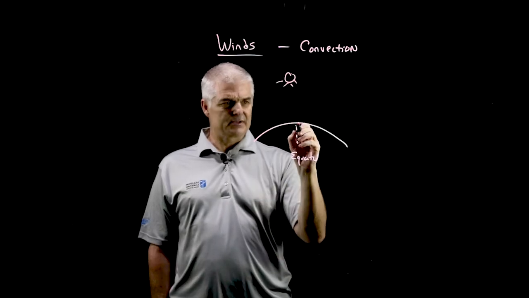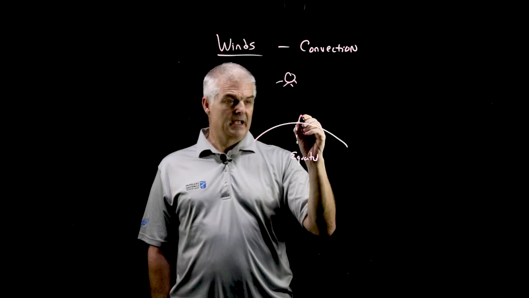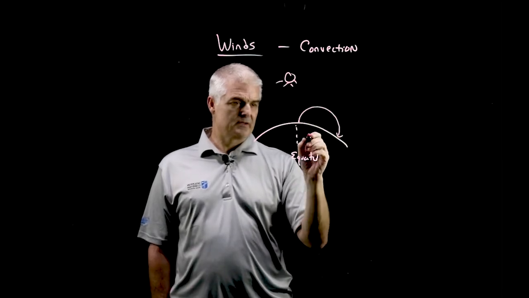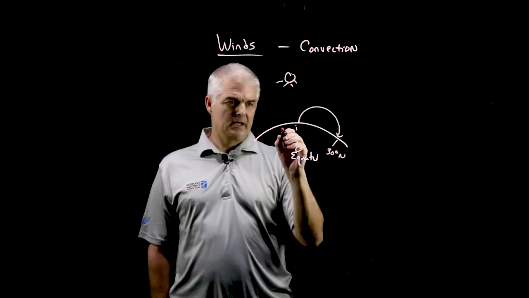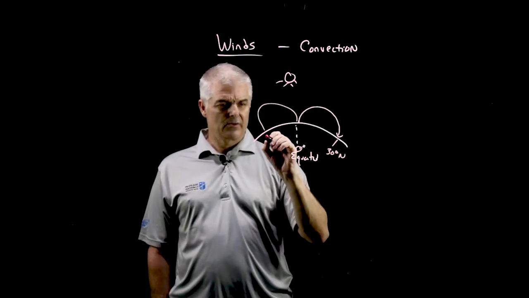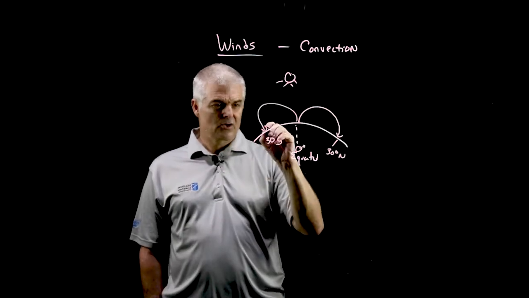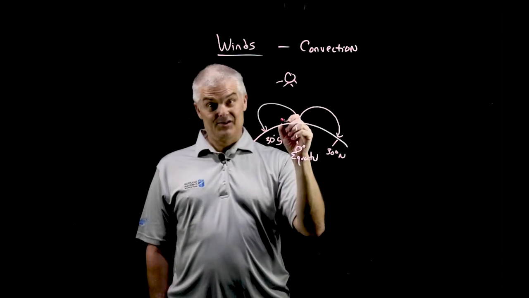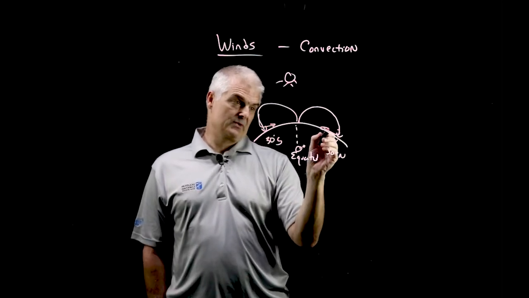So the air heats up, hot air rises, and it's going to do this. So if this is 0 degrees, and this is 30 degrees north, and this is 30 degrees south latitude, it creates a convection cell. And then it rotates and comes around this way.